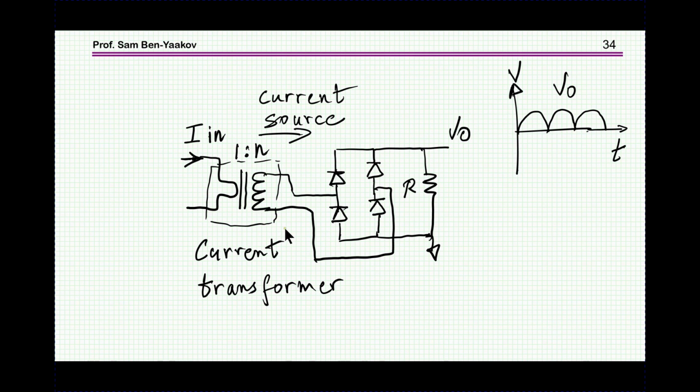This is also acting as a current source, because the current here is a reflection of the current here, and the distortion will be fairly small, and you'll get here fairly nice full wave rectification.